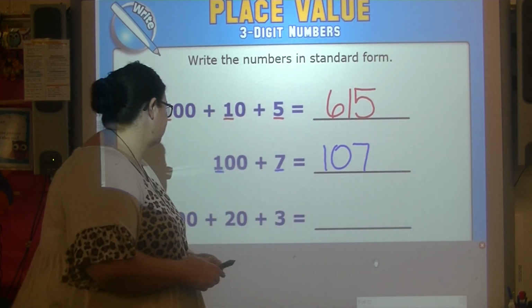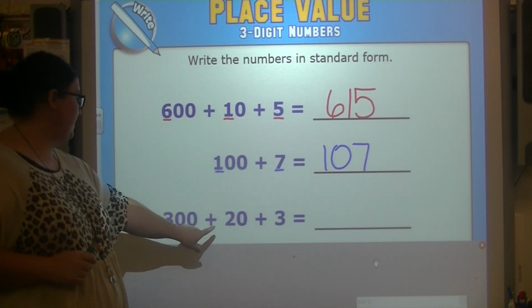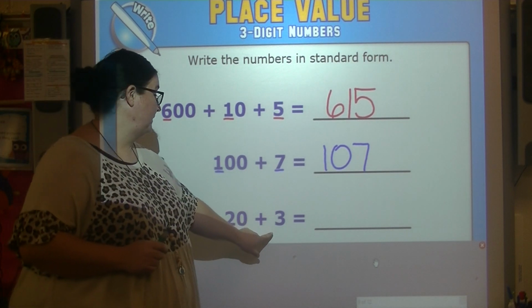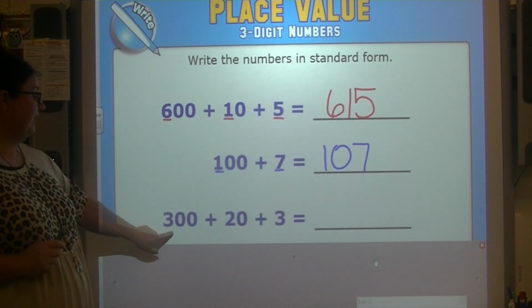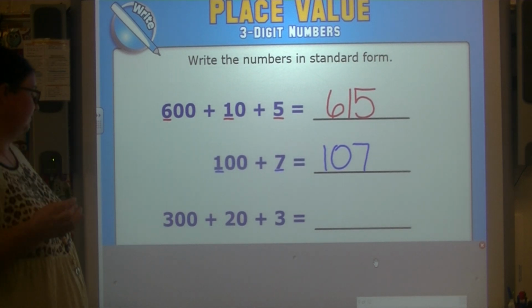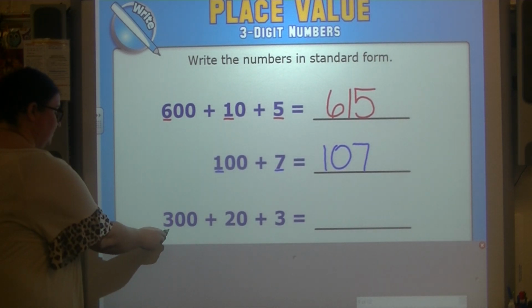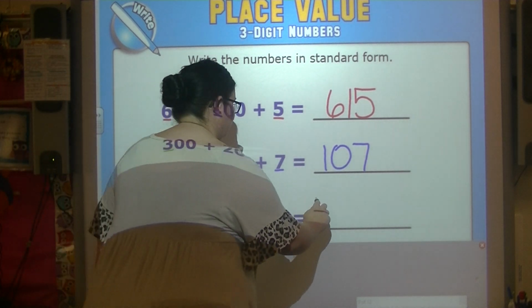Look at the next one. 300 plus 20 plus 3 equals what? All right, if we have 300, how many groups of 100 do we have? How many? 3.